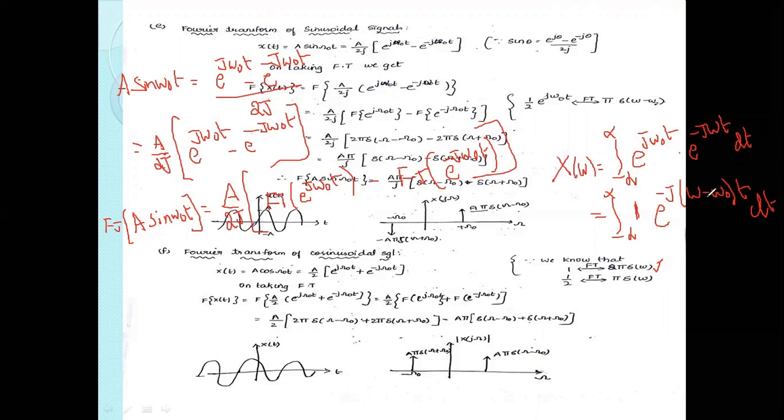What is the omega here? Instead of omega, we have omega minus omega naught. So X of omega for this function is 2 pi into delta of omega minus omega naught. This is the Fourier transformation of the function A by 2j into e power j omega naught t, which is 2 pi delta of omega minus omega naught, and here the minus is there, so we get 2 pi delta of omega plus omega naught.